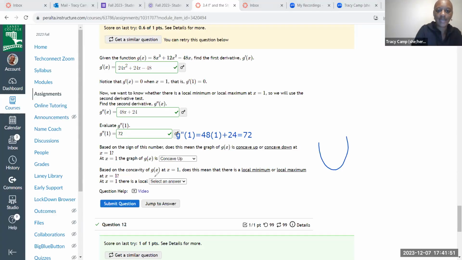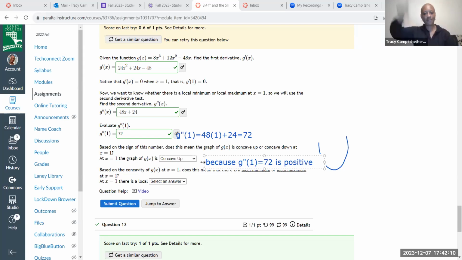So, let me just say, it's concave up because g double prime of 1, which is 72, is positive. So again, if the second derivative is positive, the graph of your function is concave up.